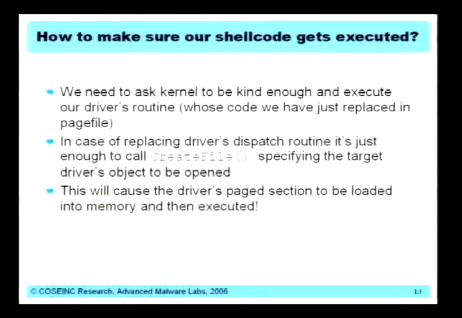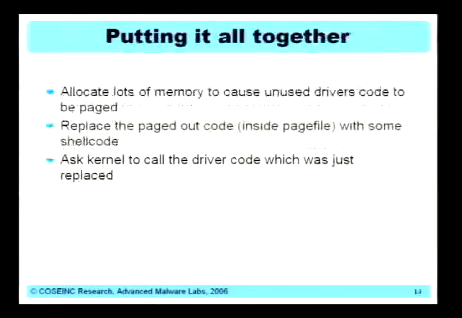So first we make this function be paged to the page file. We modify it. We override the first bytes with our shellcode. And then we issue a CreateFile call for one of the objects created by null.sys. And this automatically causes the kernel to first load that paged section into the kernel and execute it. This is all we need.